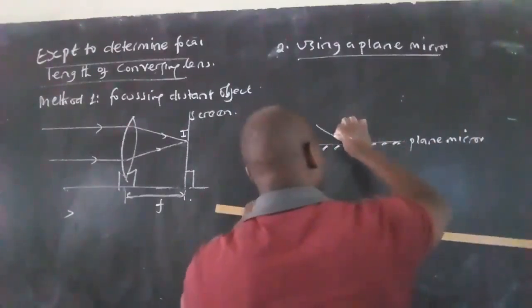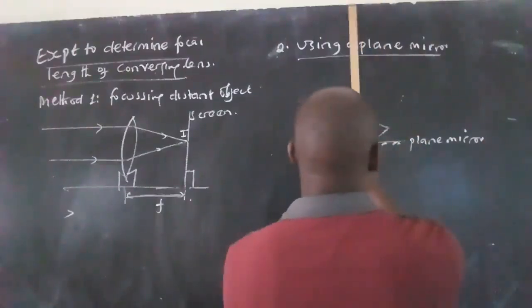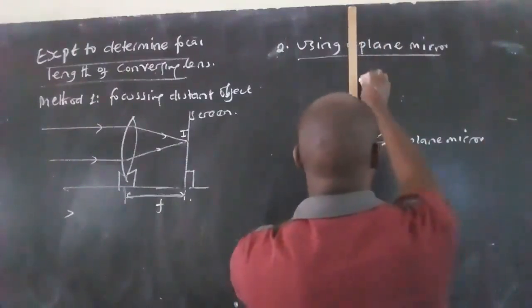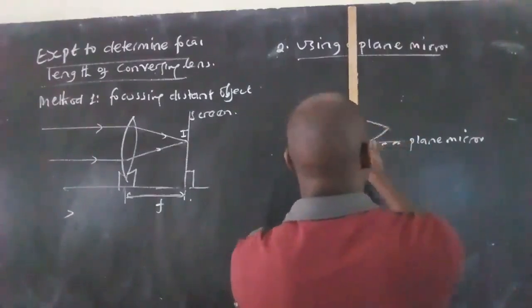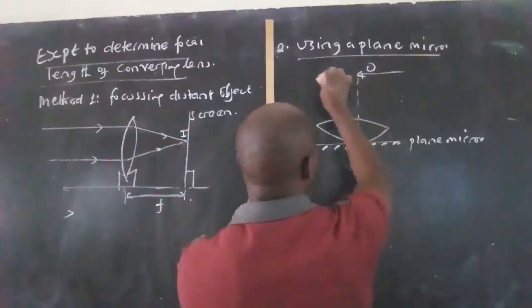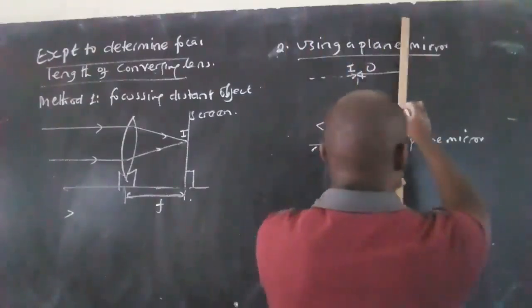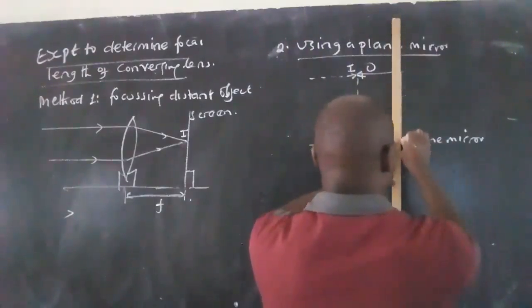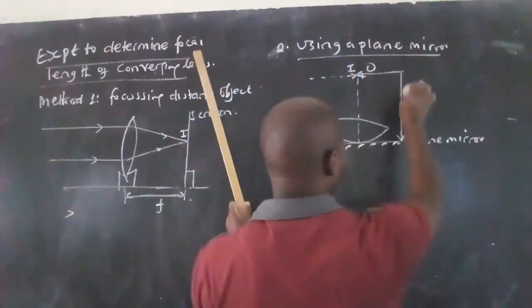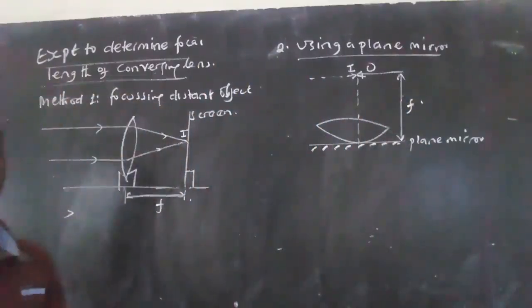Then we shall put a lens on it, like this. Then we shall have these axes. Then we shall have O, I, and the distance. The distance is F.